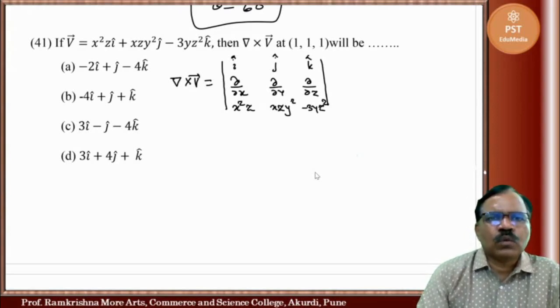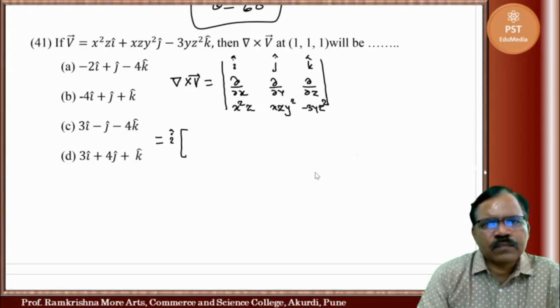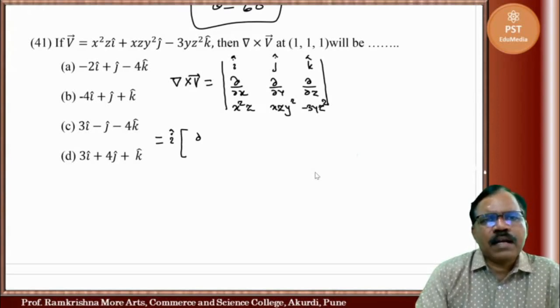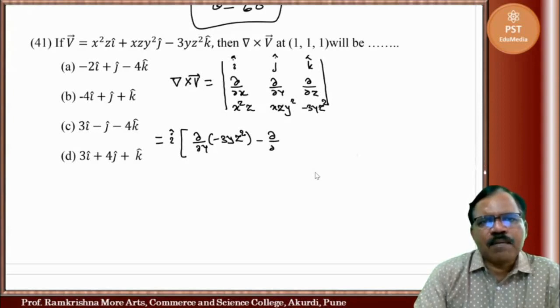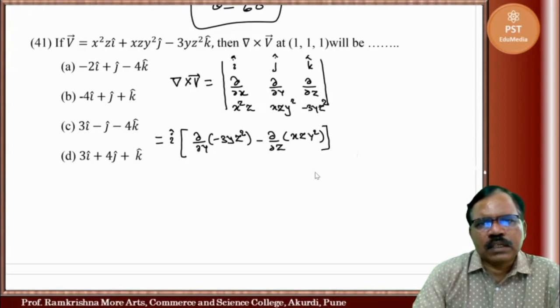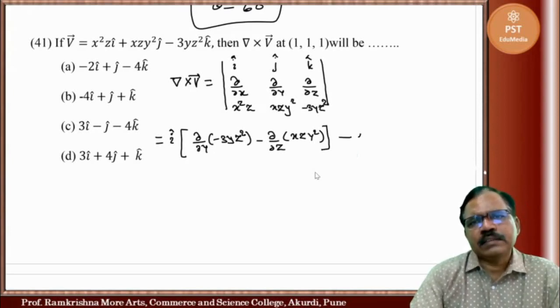So we get here i times del by del y of minus 3y z squared, minus del by del z of x z y squared. This is the first term, minus j.